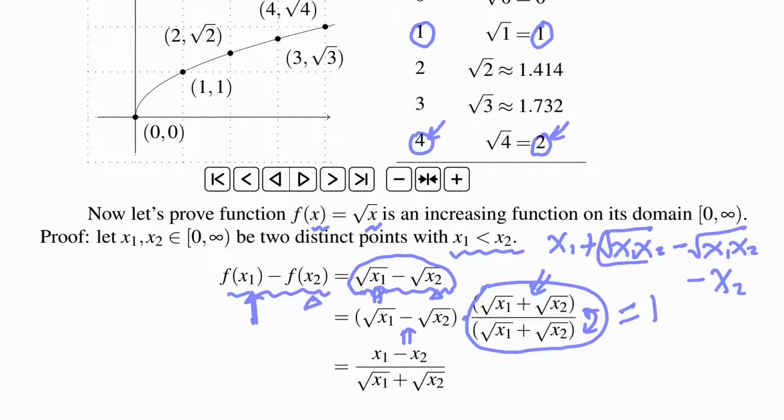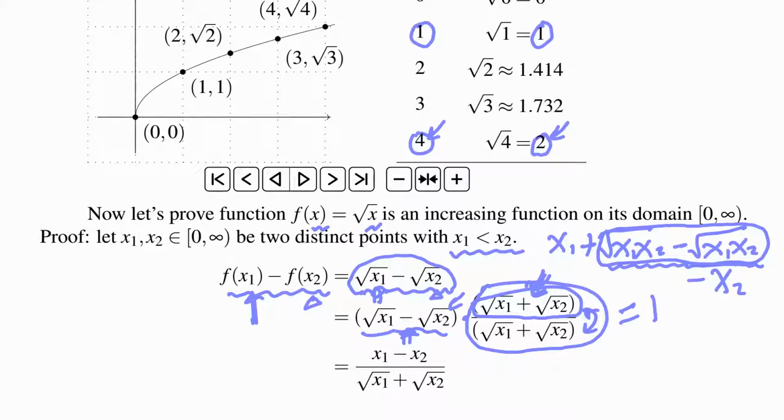Those two middle terms cancel. That's why you need to multiply by the conjugate of the whole expression.